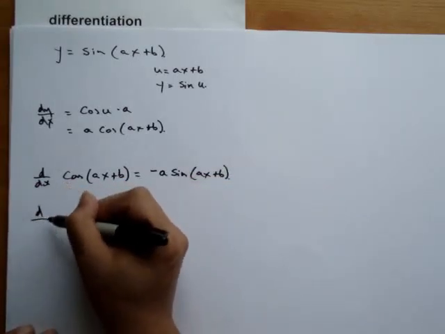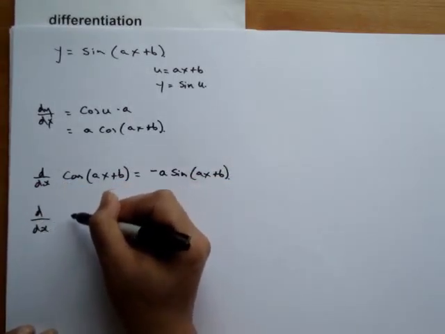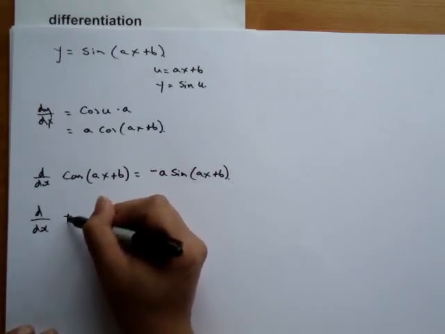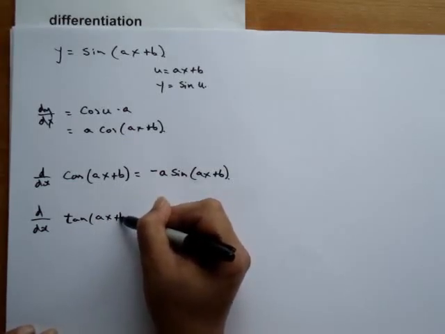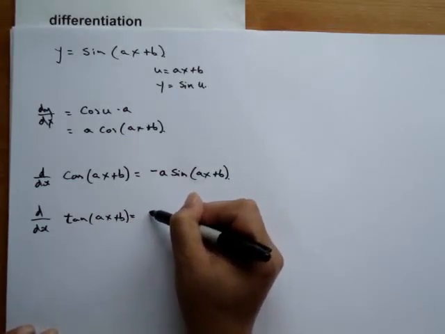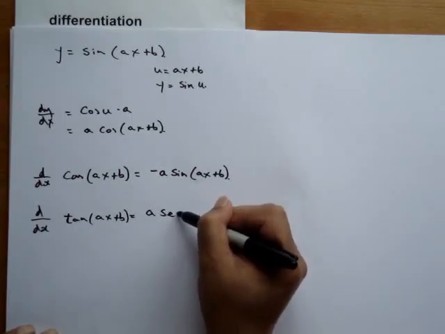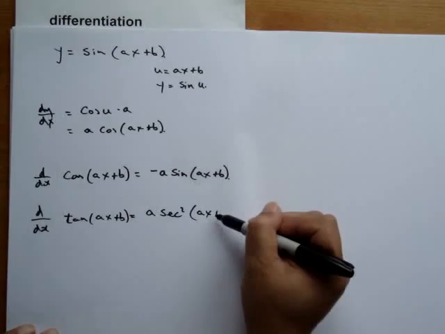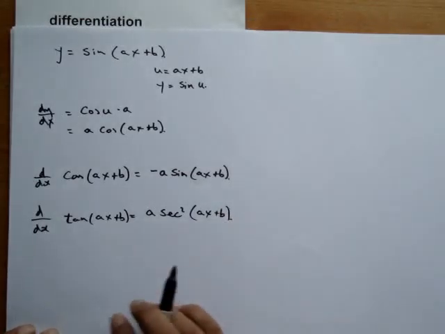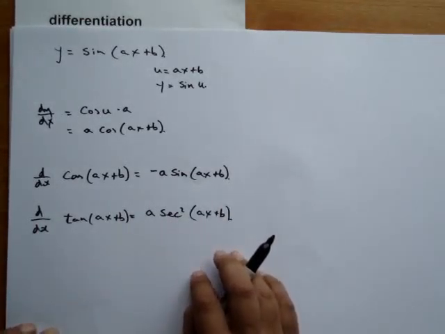And similarly, d by dx of tan ax plus b is a sec squared ax plus b. So these are some very important rules when differentiating trig functions.